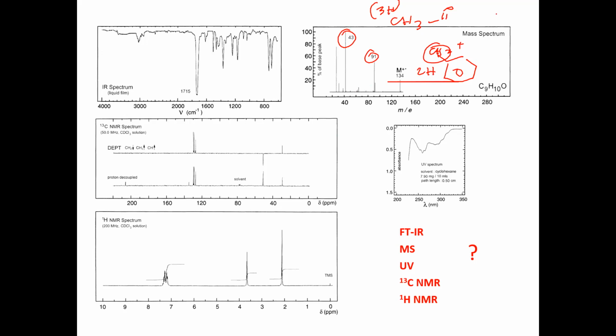Considering 3 and 2, if this one comes indeed from 3 and 2, you have 10 minus 5, you miss 5 protons. You find them all on the proton NMR. Find all the protons. Give me the integration.